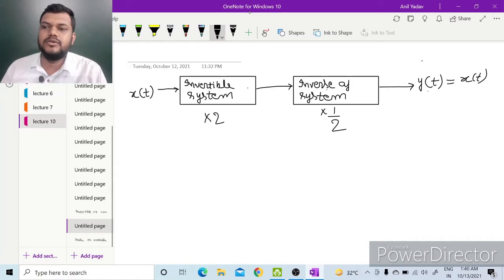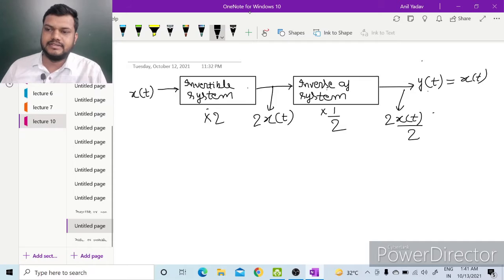Then the overall output will be the same as the input. Let us say this system is multiplying by 2, means here the output will be 2x(t) and its inverse will be dividing by 2. So here the output will be 2x(t) by 2, means x(t).